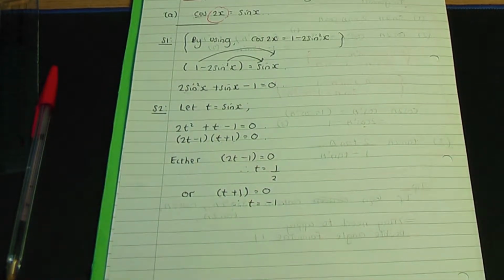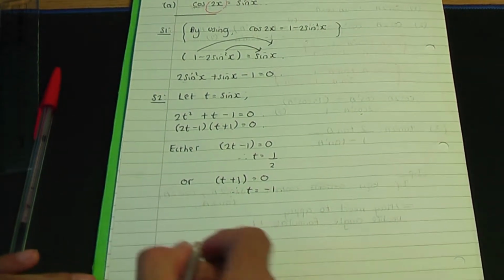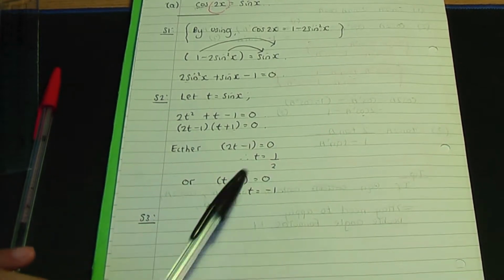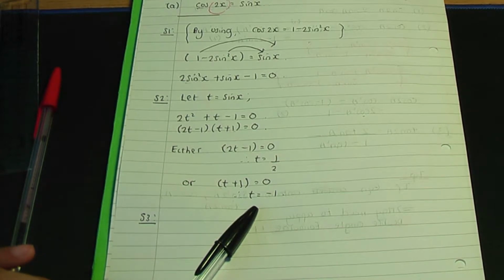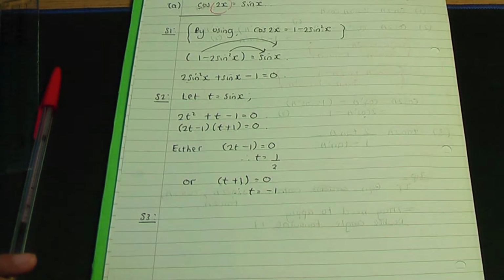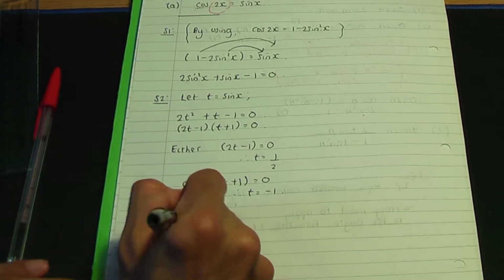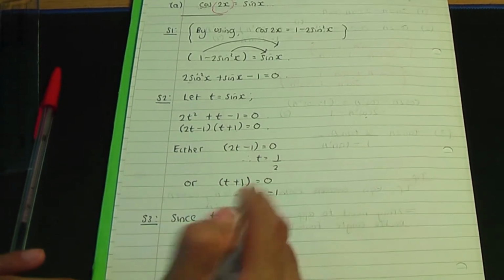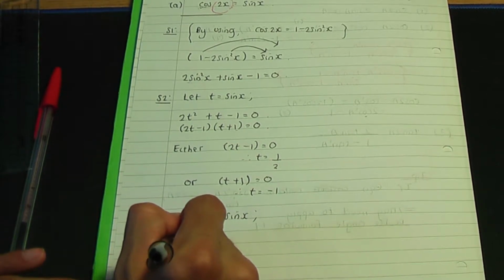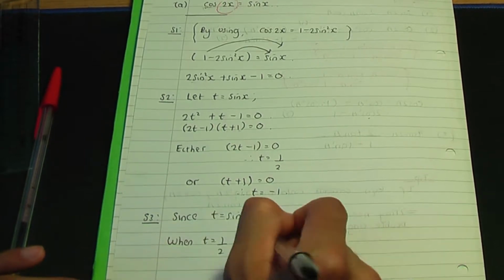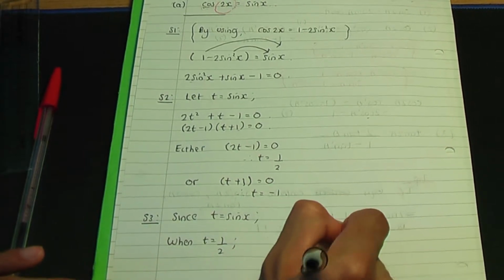So this takes us to the next step. Let me call this step number 3. In step number 3, I have my t values. I'm going to replace them into the substitution that I've used to work out the two equations that I need to solve. Since t equals sine x, the first t value is half. So when t is equal to half, that implies sine x is equal to half.